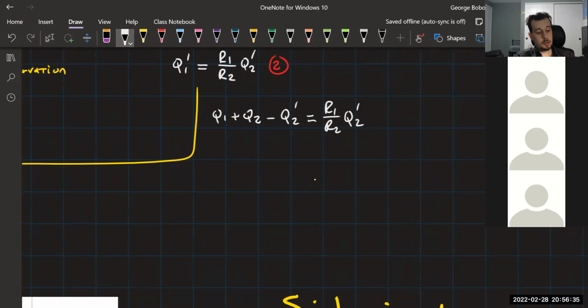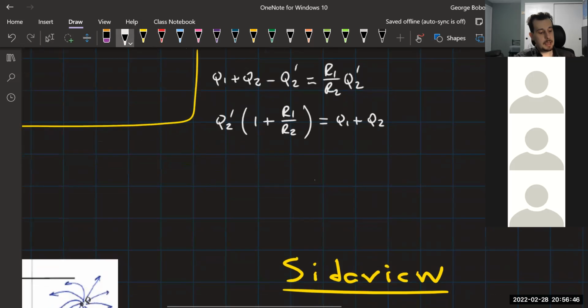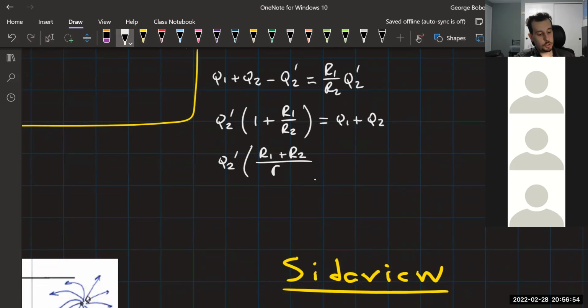Okay, so if I go here, I have Q2 prime times (1 plus R1 over R2) equal to Q1 plus Q2. And I can cross multiply before I divide both sides so that I get (R1 plus R2) over R2 equal to Q1 plus Q2.